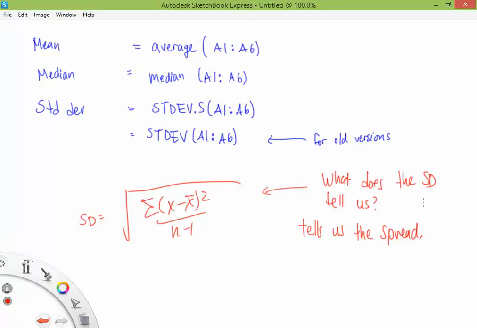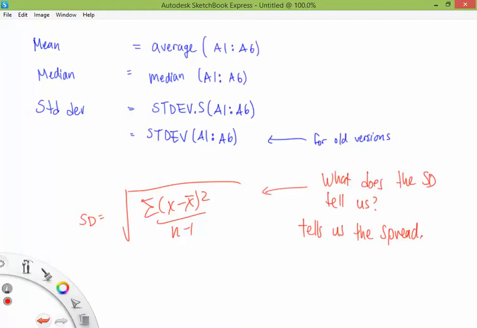We have 3 ways to calculate spread. We have the range, we have the IQR, and we have the standard deviation. They are 3 different ways to calculate spread. And so the standard deviation tells us the spread. That's the important thing, okay?